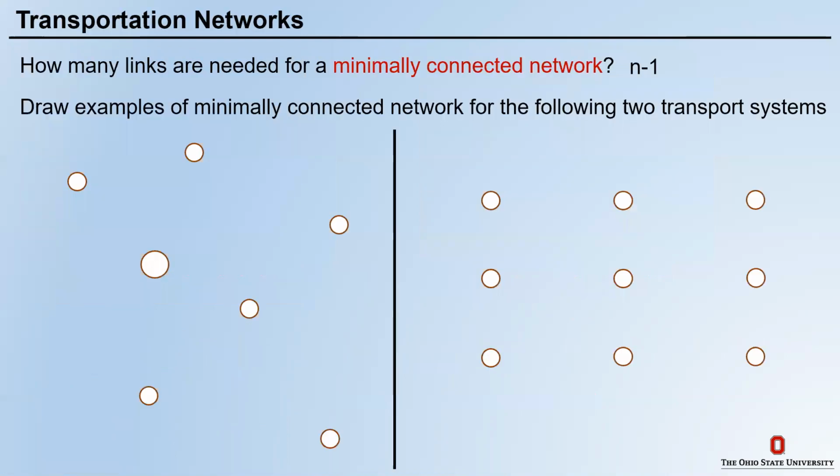Okay, so some examples here. So how many links are needed for a minimally connected network? The answer is n minus 1. You can use it to verify if you have created a correct network given the requirement here. For example, we have two scenarios here.